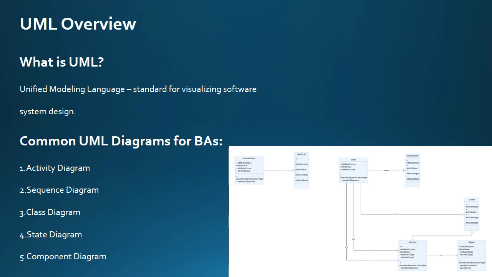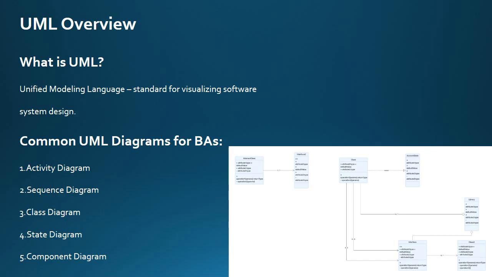UML overview. UML, Unified Modeling Language, provides a standardized approach to modeling software systems. It helps BAs and technical teams collaborate using a common visual language. This slide provides an overview of UML's relevance to business analysts, focusing on diagrams that support process modeling, e.g., activity and state diagrams, explain system behavior, e.g., sequence diagrams, describe system structure, e.g., class and component diagrams.